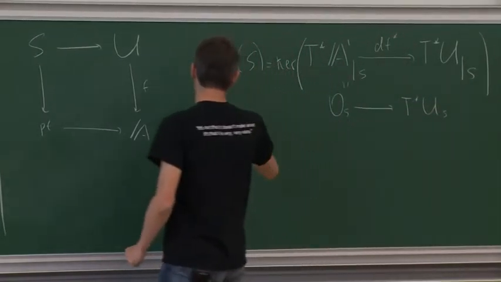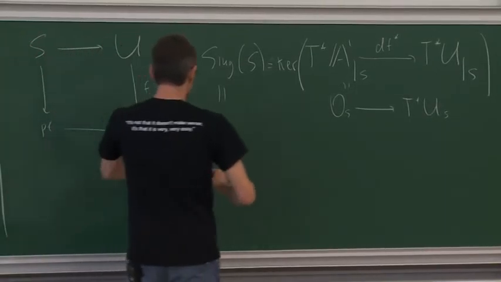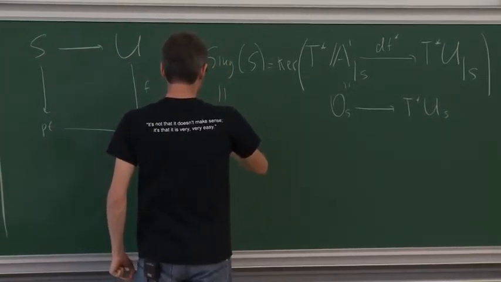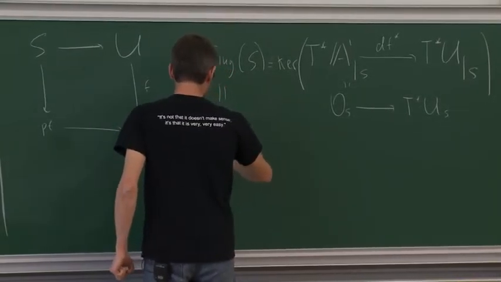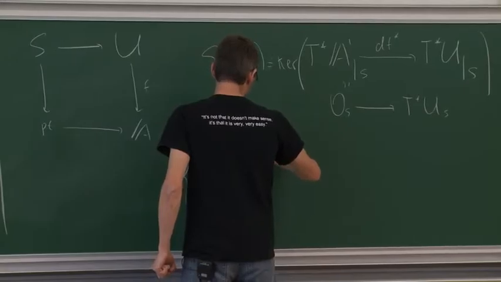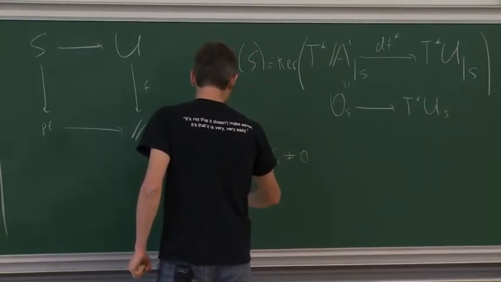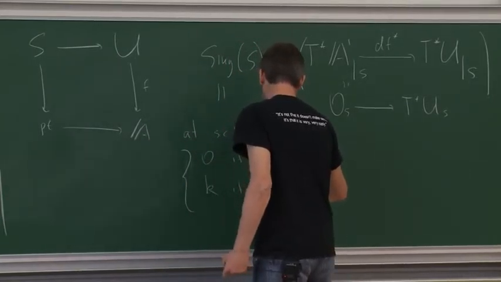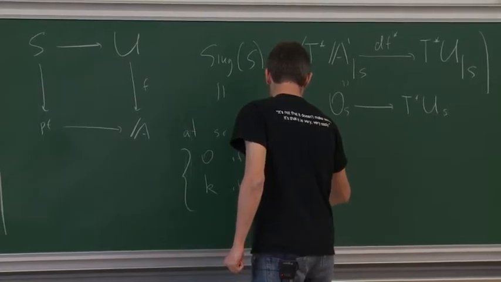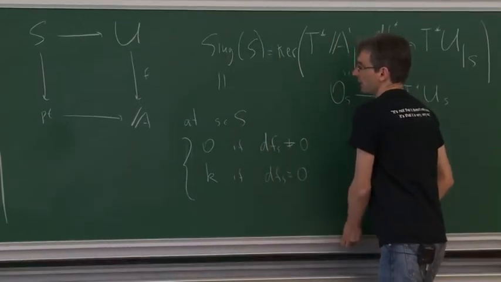It looks as follows. At a given point, it's 0 if df at S is not equal to 0, and is one-dimensional if the function is degenerate at this point.